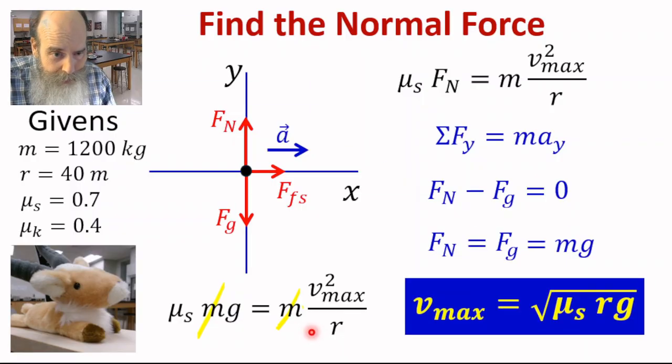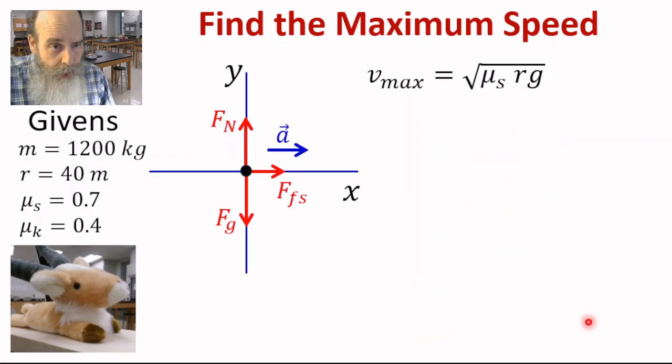And we get this: Vmax equals square root of μs r g. Now we've got our equation. We need to put in our numbers and find what the actual maximum velocity is. There's our expression. Let's put in the numbers.